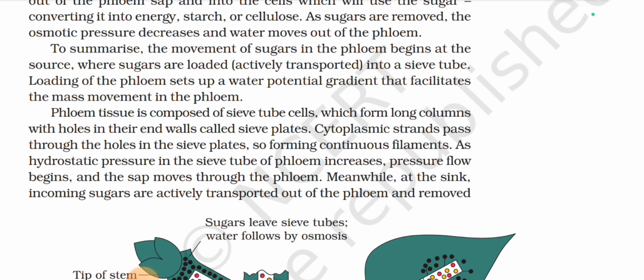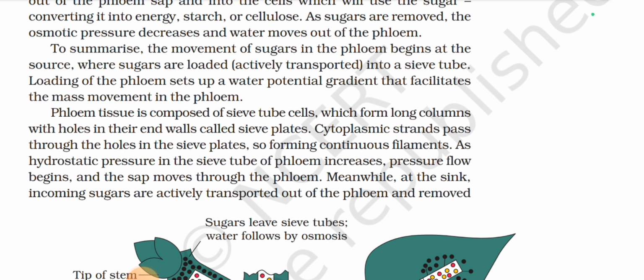Cytoplasmic strands pass through the holes in the sieve plates, forming continuous filaments. As hydrostatic pressure in the sieve tube of phloem increases, pressure flow begins and the sap moves through the phloem. Meanwhile, at the sink, incoming sugars are actively transported out of the phloem and removed.